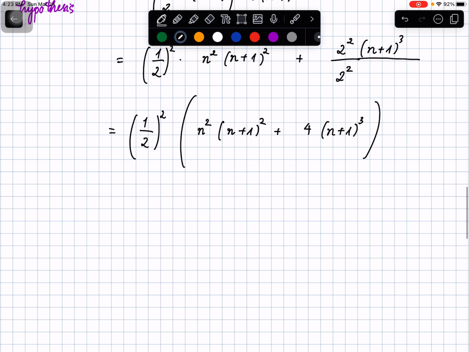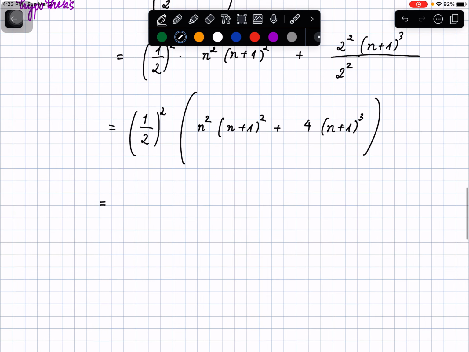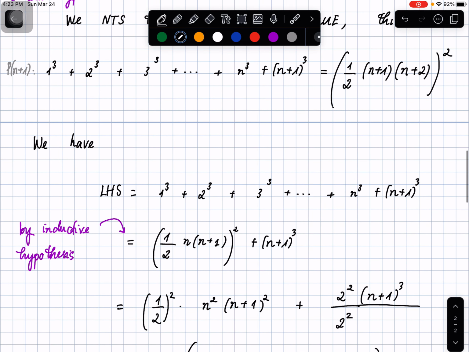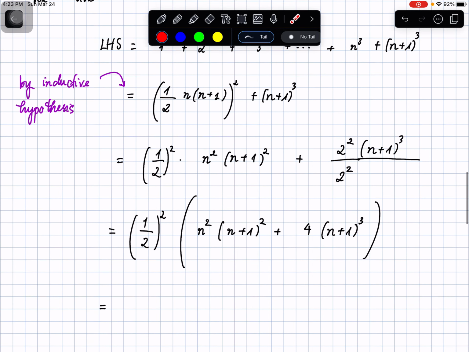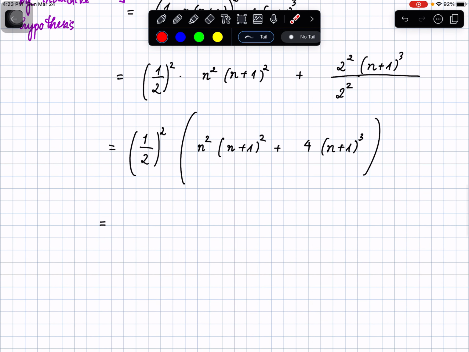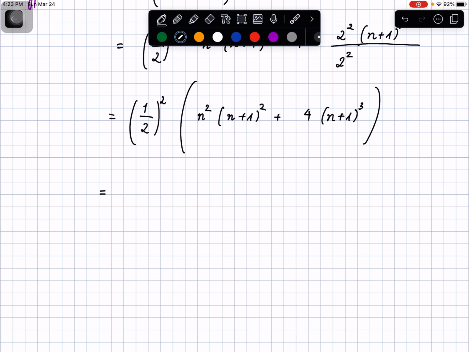There are two ways. The first one, we just compute the right hand side and check that they are the same. That's the easiest way. The other way you can do it like this: 1 over 2 squared, we put out n plus 1 squared.